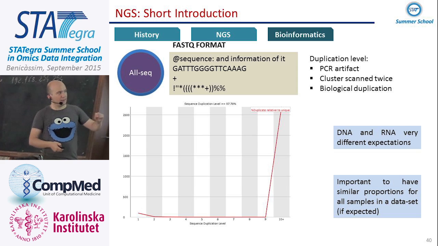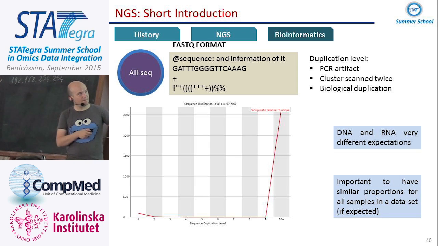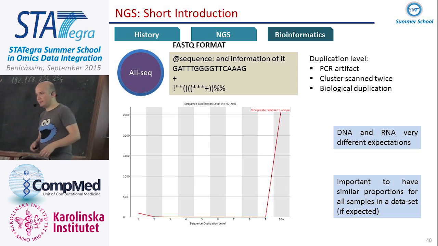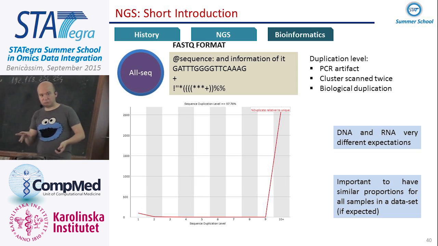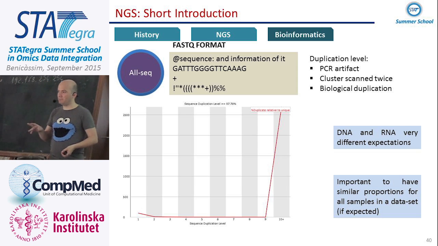So this is very important, because imagine I'm getting an RNA-seq and I do 2 million reads. It's likely that I'm going to get the same sequence twice. If I'm talking about the full genome as DNA in 1 million reads, it's very unlikely that I get the same twice.